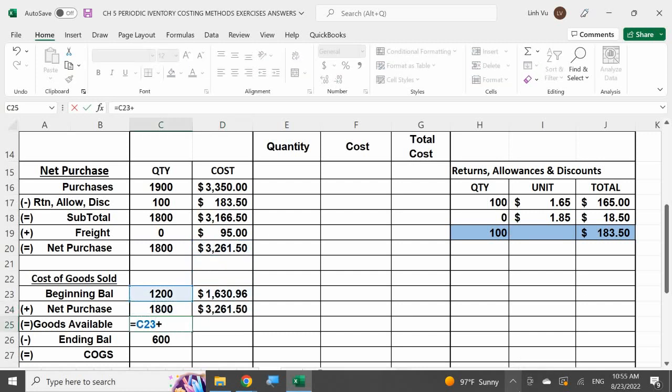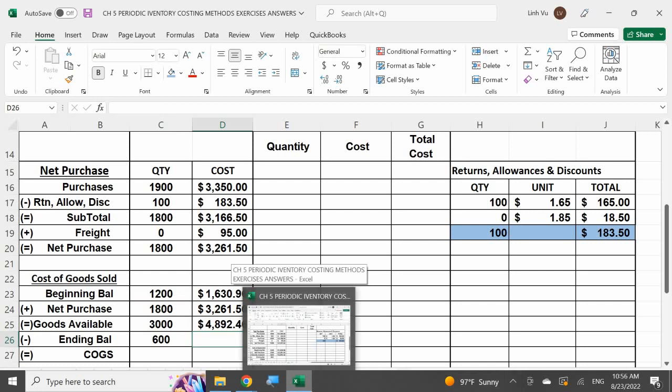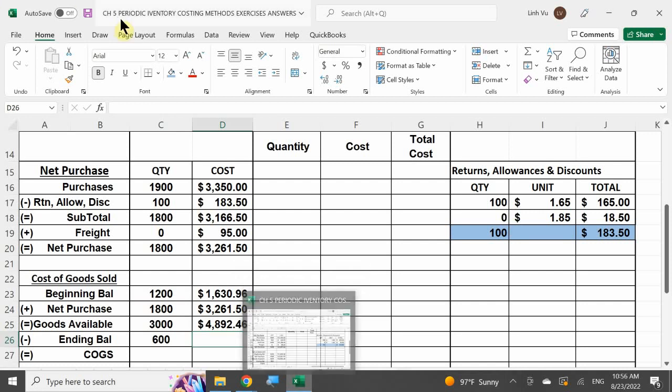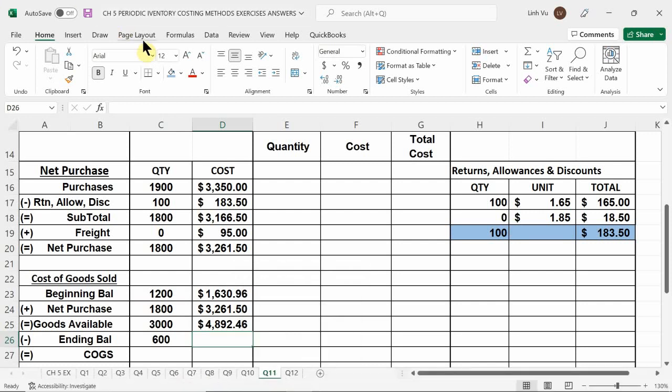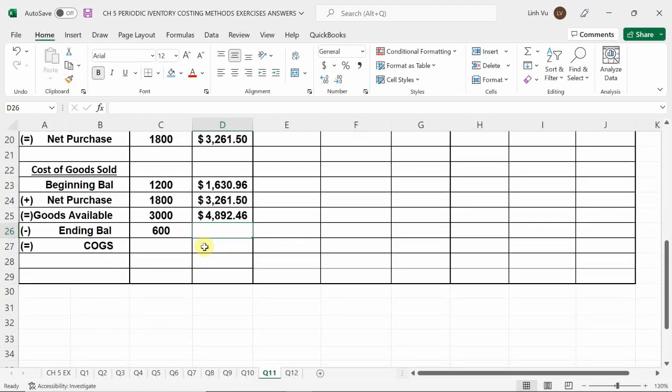So in this case, 1,200 plus 1,800 will give you a straight 3,000 units. And then when you add these two values together, you get a grand total of $4,892.46. So right here is your total goods available. So right here is where you can go ahead and solve for your average cost per item.